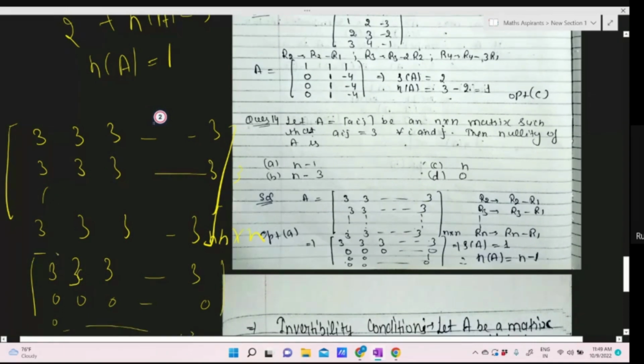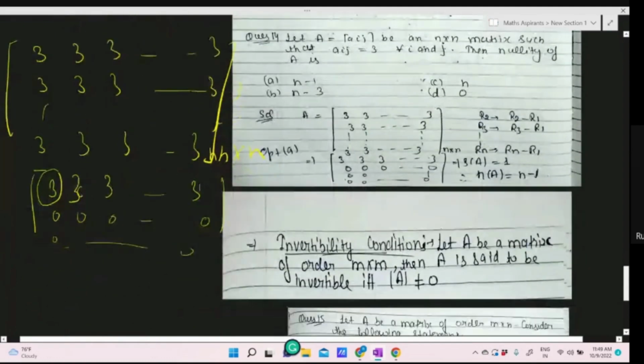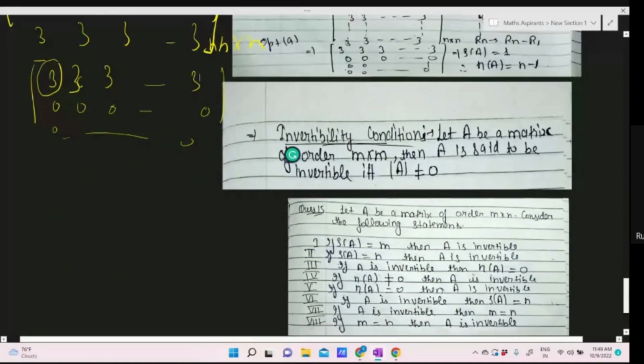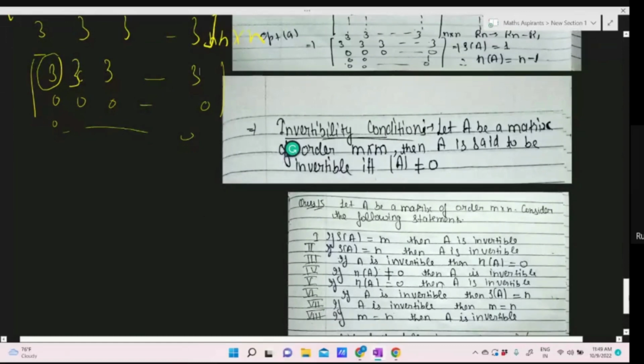Here you can see that the rank of the matrix A becomes 1, and from the rank nullity theorem, the nullity of A will become n minus 1. So option number A is the correct option. Now the invertibility condition of the matrix A. For the matrix A of order m cross m, firstly you must ensure that the matrix is square.